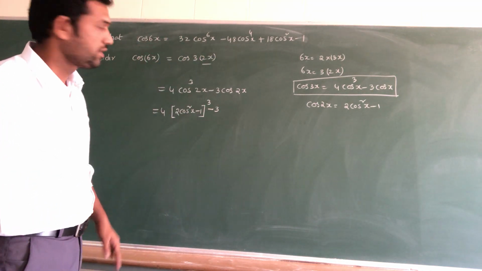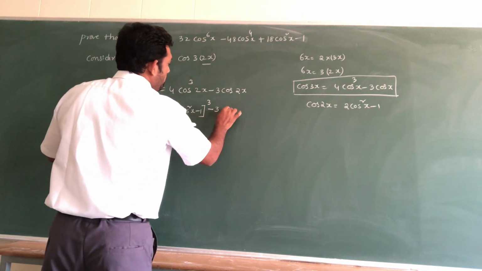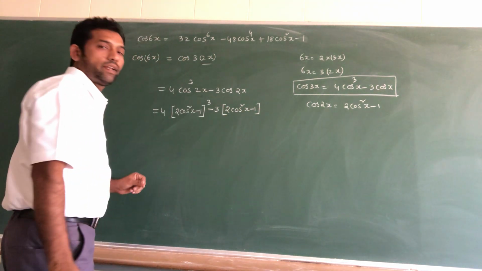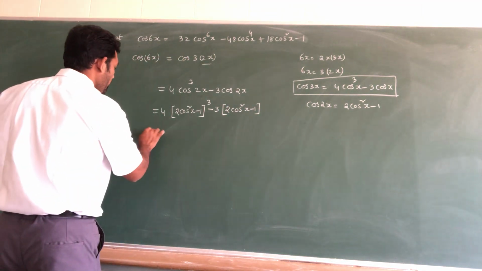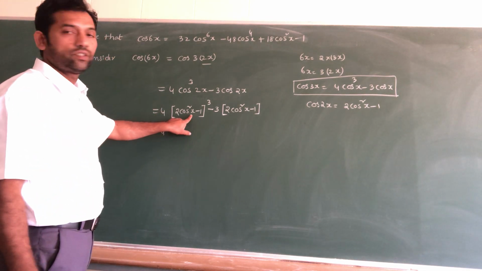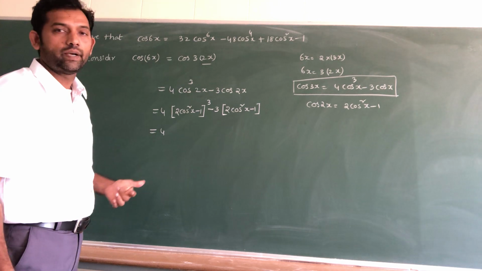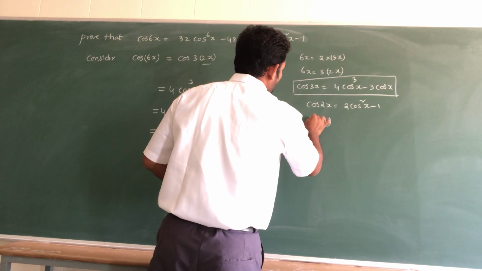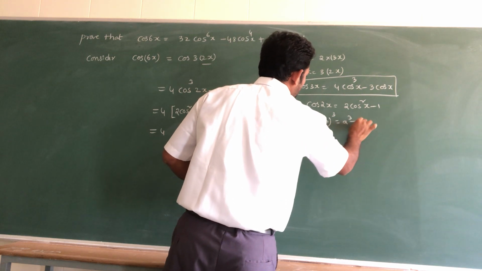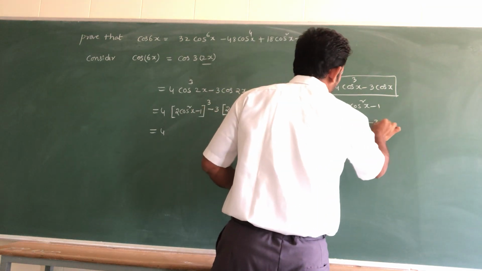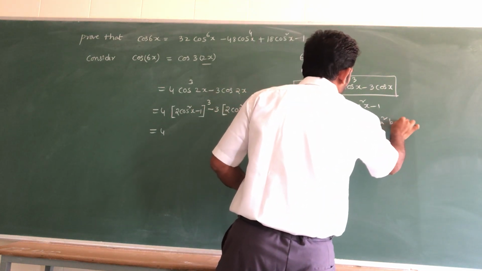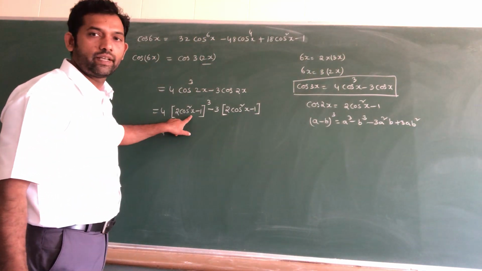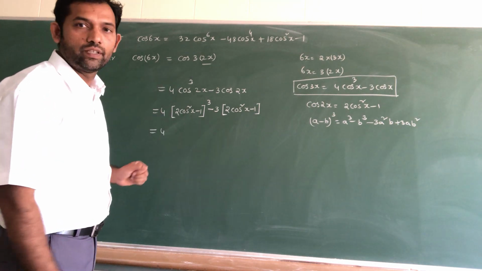So what happens? 3 into (2 cos square x minus 1), and 4 into (2 cos square x minus 1) whole cube, which is the (a minus b) whole cube formula: a cube minus b cube minus 3a square b plus 3ab square, where a is 2 cos square x and b is 1. You substitute in that.